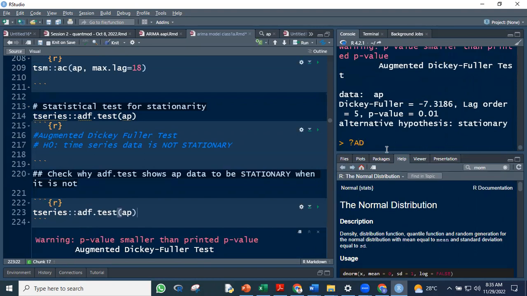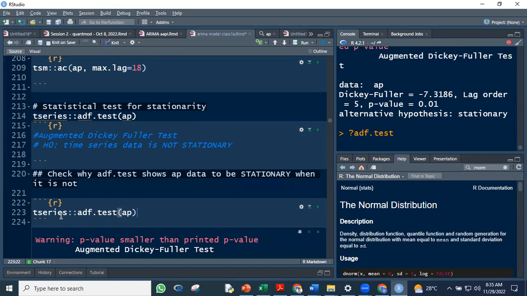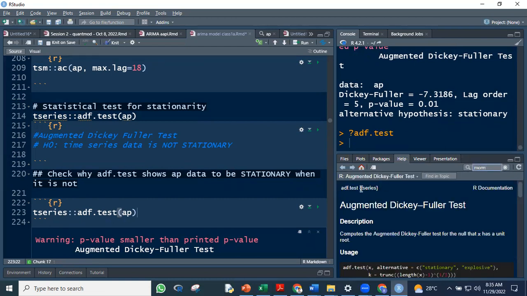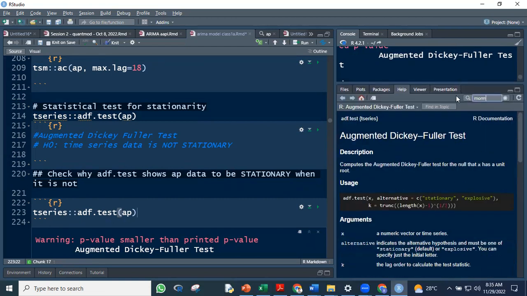The adf.test function, let's check this function from tseries. It uses the ADF to test for the null that X has a unit root. X has a unit root means it is not stationary, that the time series data is not stationary.